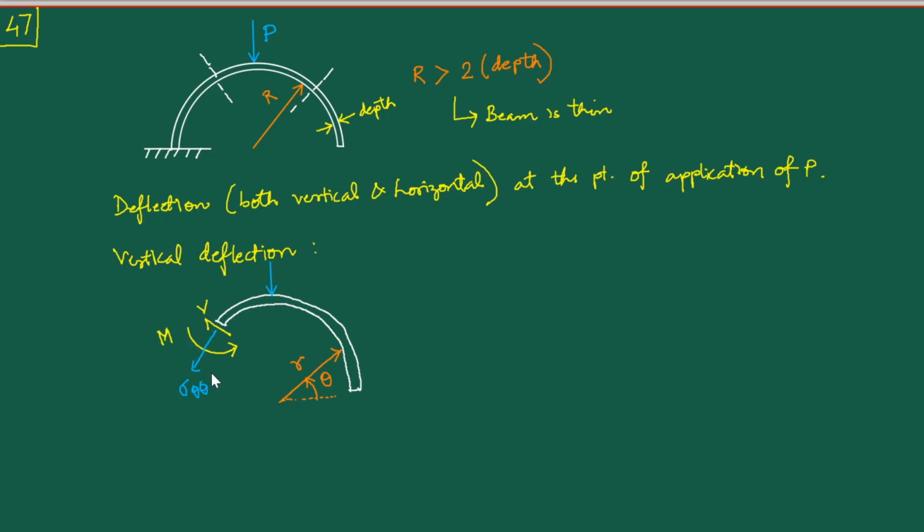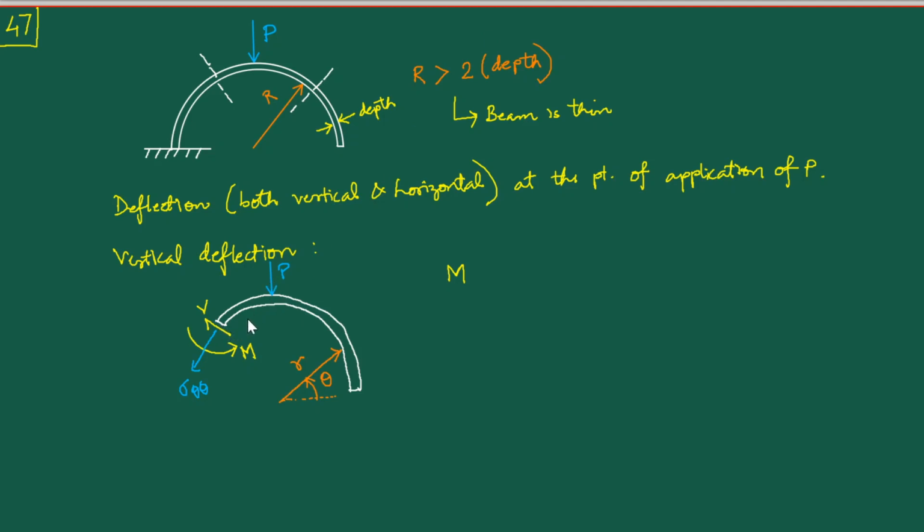So this is my m. Now, what is the expression for this m? You see, the m here is going to be balanced by the contribution to the moment which is imparted by this force P. The moment for this force P will be calculated about an axis which is passing through this end.